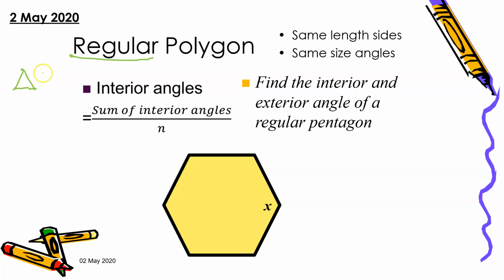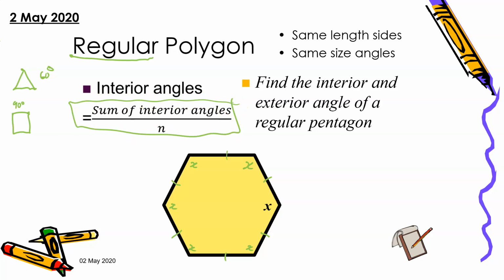Remember, each angle in an equilateral triangle is 60 degrees, and in a square, each angle is 90 degrees. Sometimes you get questions looking at a polygon and working out what the angles are, and the only thing you're told is that it's regular. So what we assume is that all these angles are going to be the same, and also all these lengths are going to be the same.